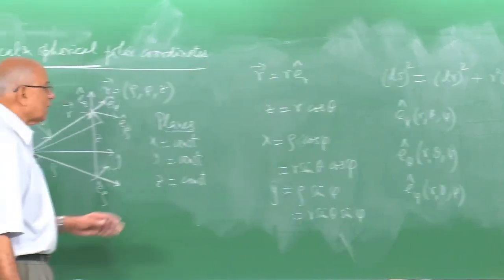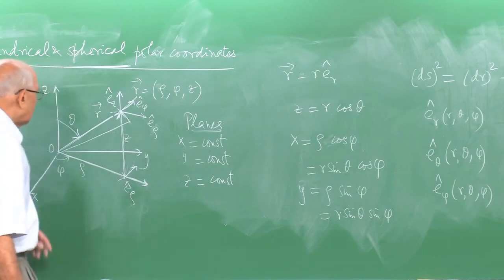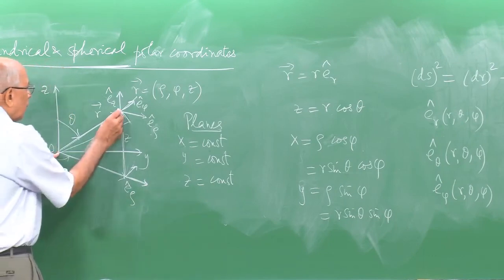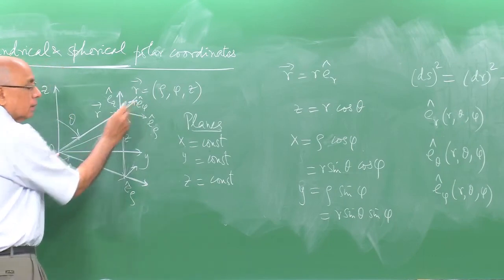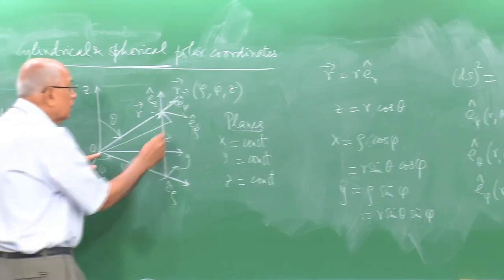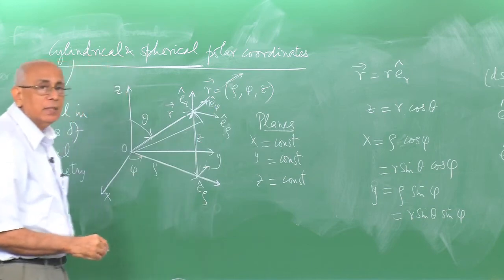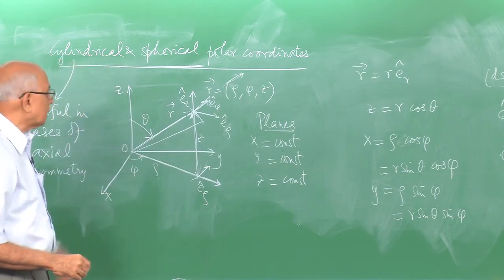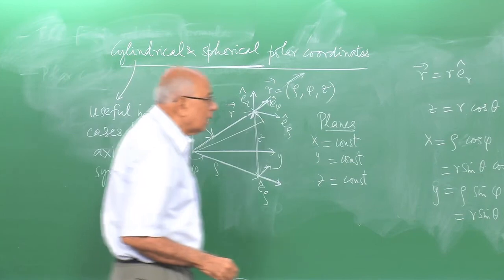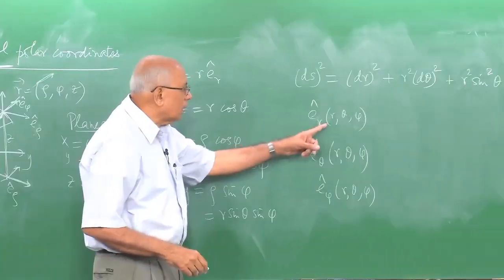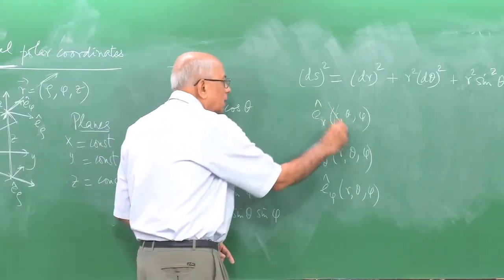Well, it's easy to guess some of these dependencies fairly straightforwardly. First of all, if you have a point here and I increase this, that's E sub r, and I go further down and increase it, it's still in the same direction, nothing has changed. So there's really no r dependence at all in any of these quantities. So right away you see that E_r cannot depend on r.